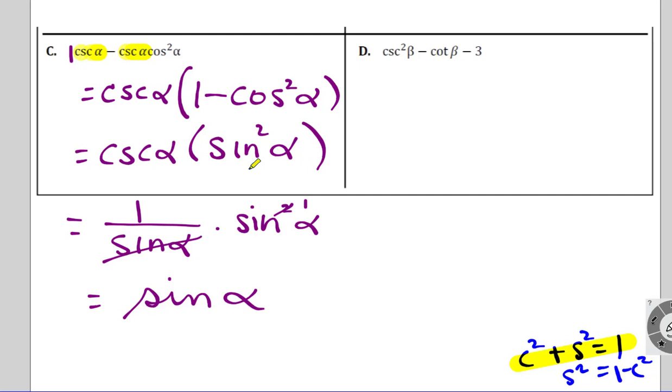Could you make cosecant 1 over sine and cotangent cosine over sine? You could, but that wouldn't necessarily help us with factoring, right? What we're trying to do is factor this, so I don't think that would be the most helpful move.